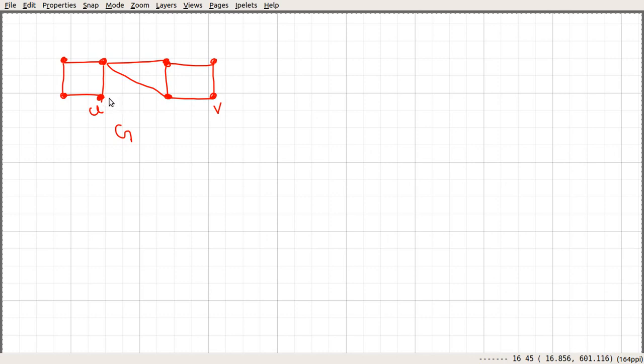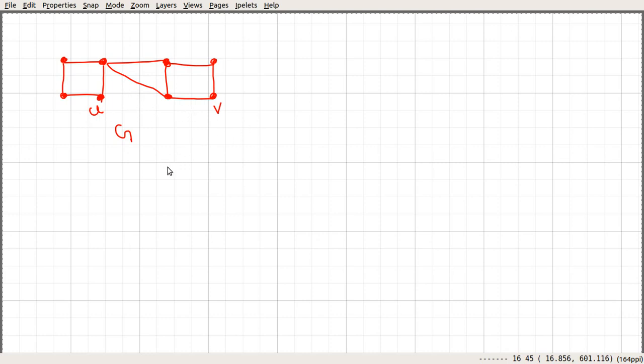Here we are interested in the shortest walk. We can see that the shortest walk from U to V is of length 3, and one such path is something like you go from here to here, here to here, here to here. That is what is called the distance between two vertices in a graph.